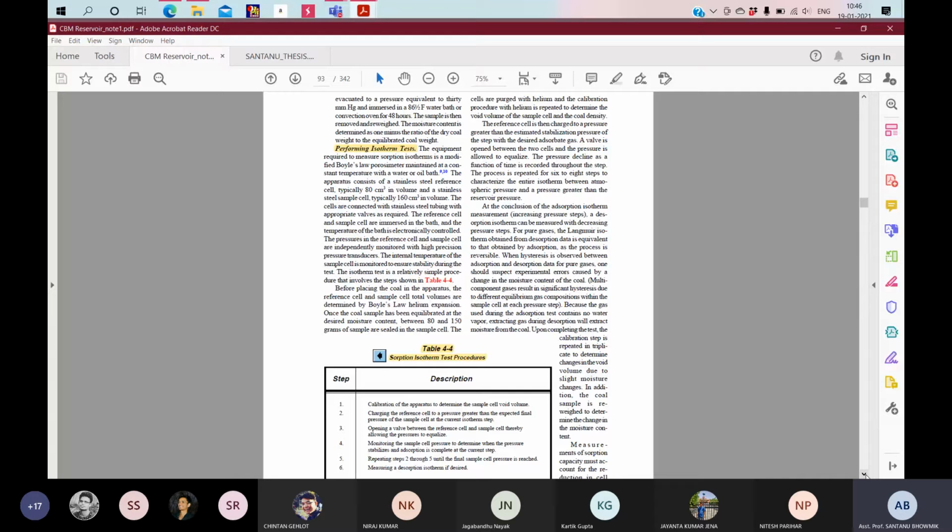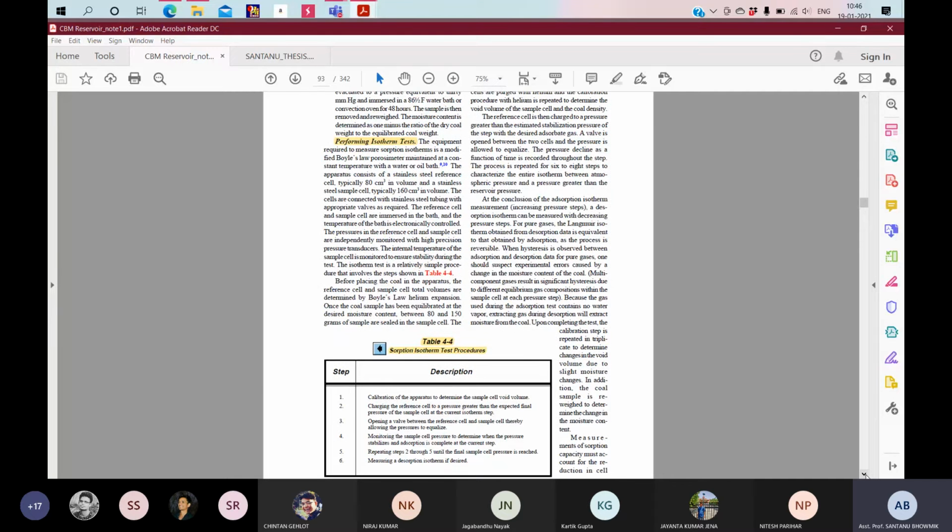At the end of the second stage, you will get that stage's adsorption and the cumulative adsorption of the first plus second stage. At the end of the third stage, you are going to get the amount of gas adsorbed from the second stage to the third stage, and again the cumulative one, which is the first plus second plus third stage of adsorption. This way you will be able to get the isotherm graph.